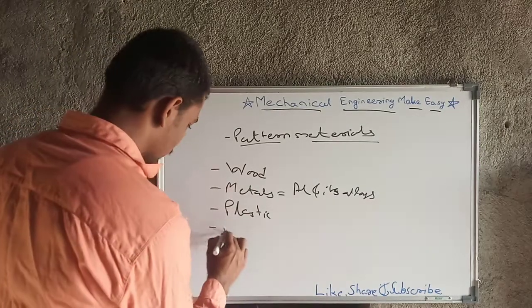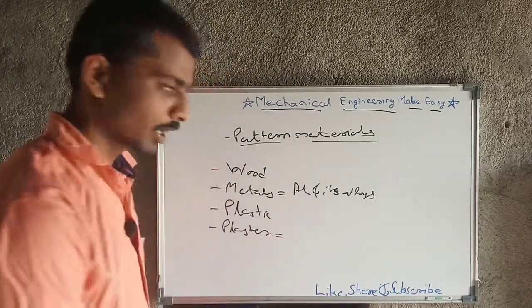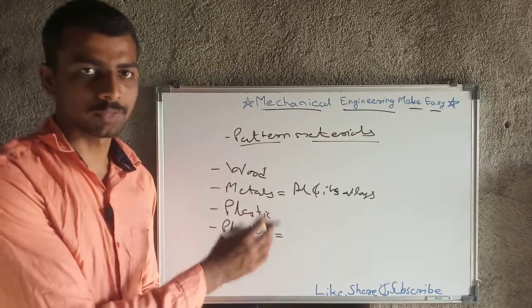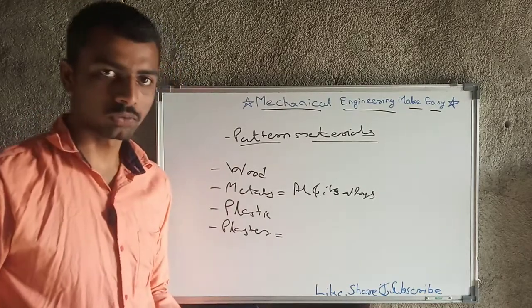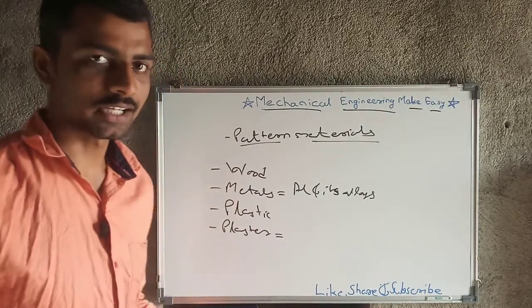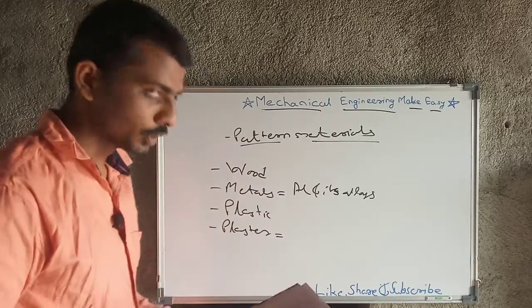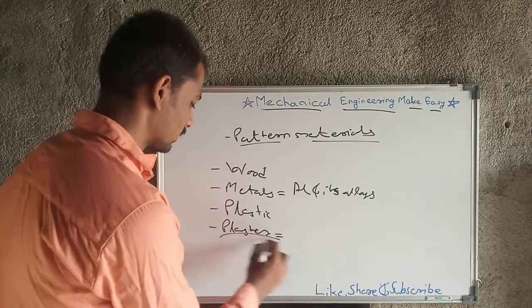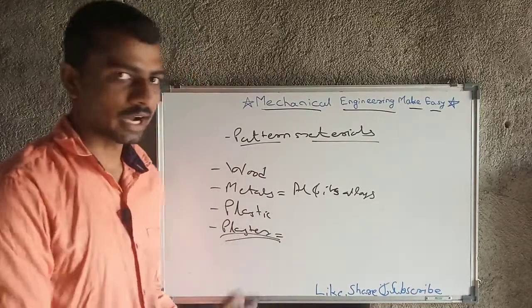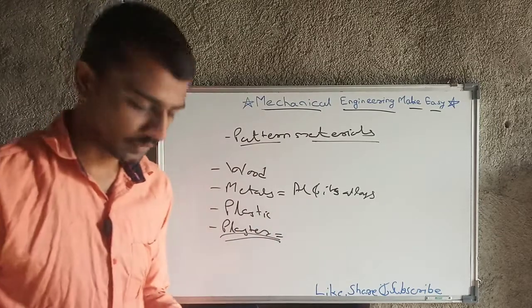Then plaster. Plaster means there are two types: POP, that is plaster of Paris, and another is gypsum cement, which we use in our buildings. These two types of materials are called plaster, and we can make the pattern with that plaster also.